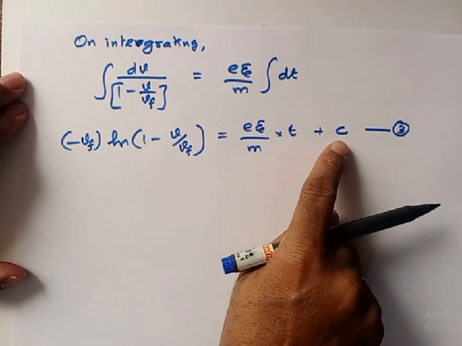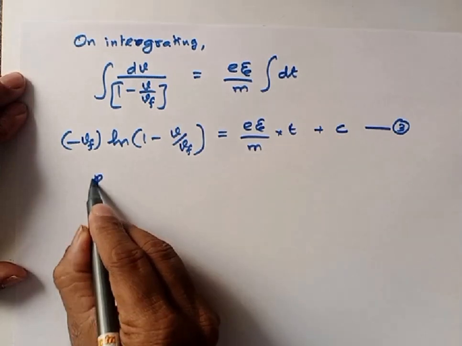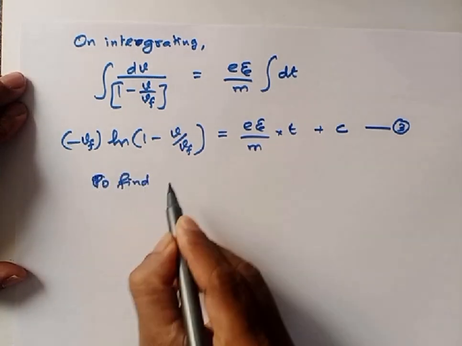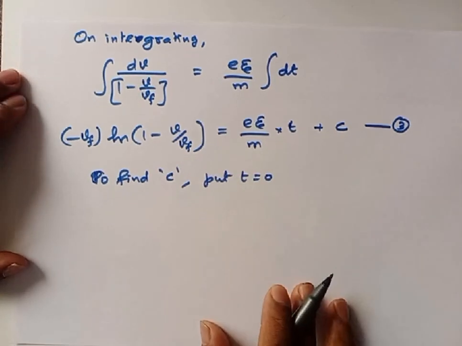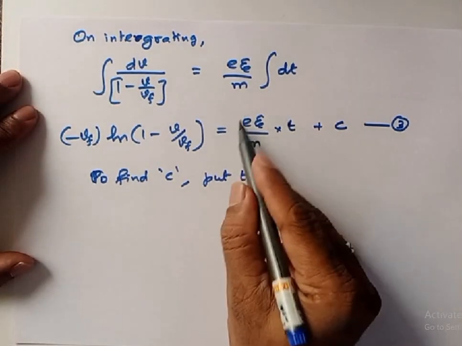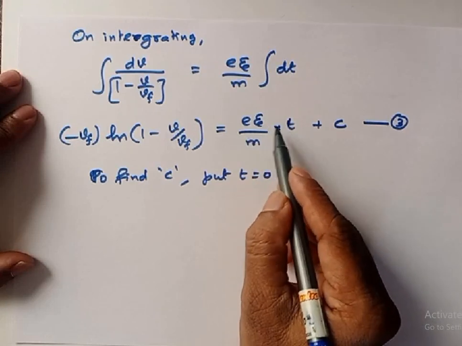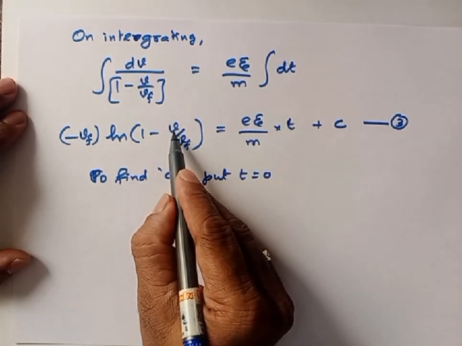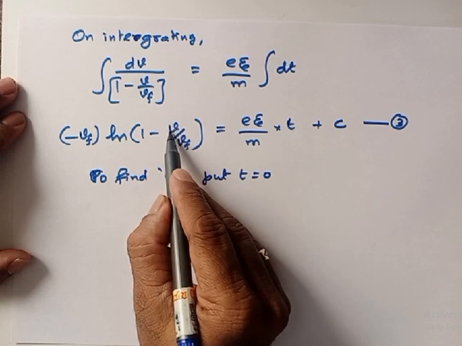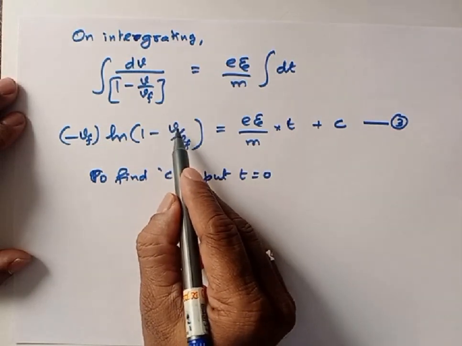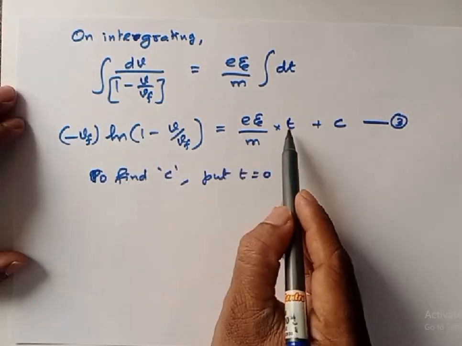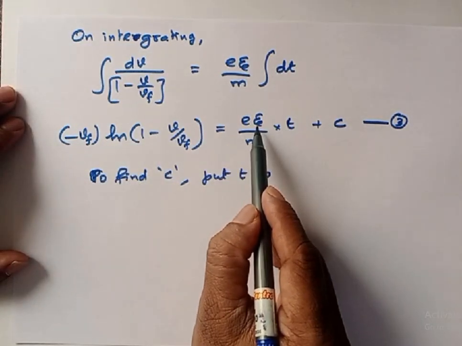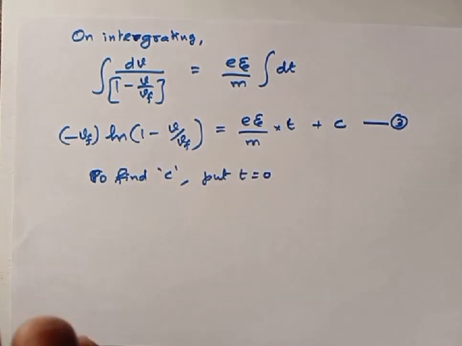To find the value of C, put time t equal to 0. If t is 0, this becomes 0. T is 0 means we have not applied the electric field.